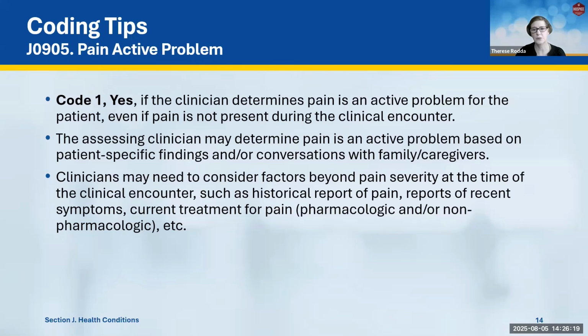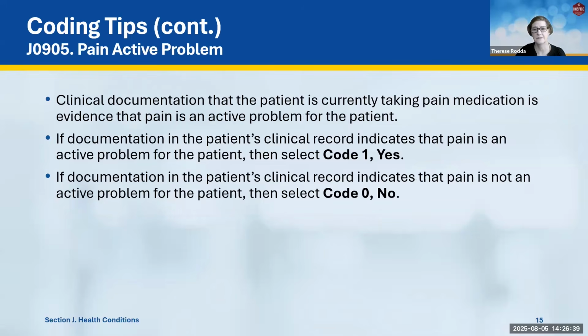The clinician can use patient-specific findings and/or conversations with family or caregivers to determine whether pain is an active problem. Clinicians might need to consider historical reports of pain, reports of recent symptoms, and current treatment, both pharmacologic and non-pharmacologic.